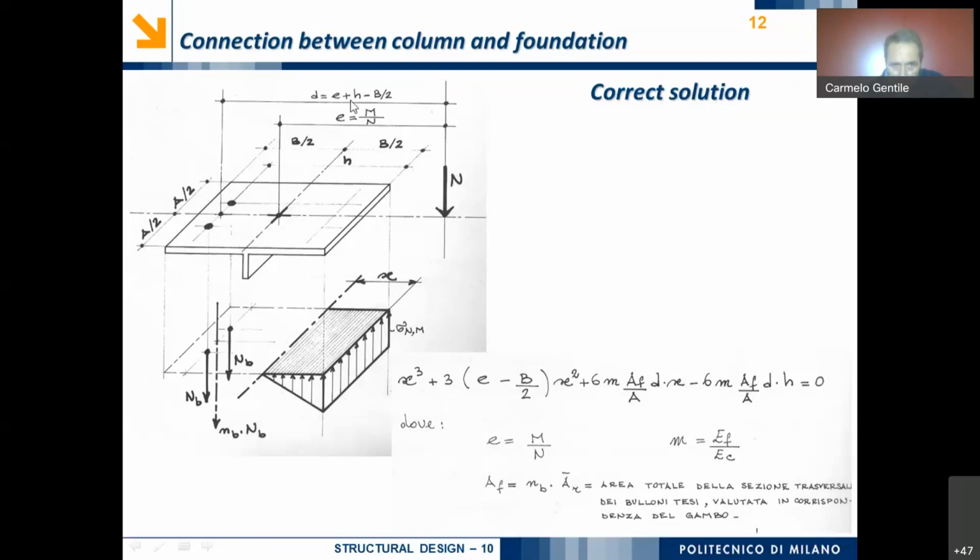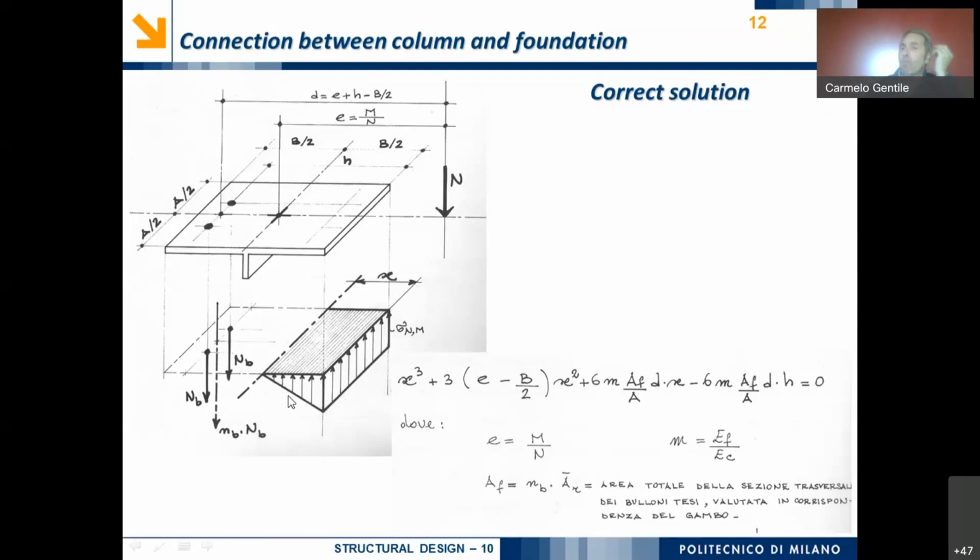So D is exactly this distance. The last term is again 6M times the ratio AF over A times D times H. Perfect.